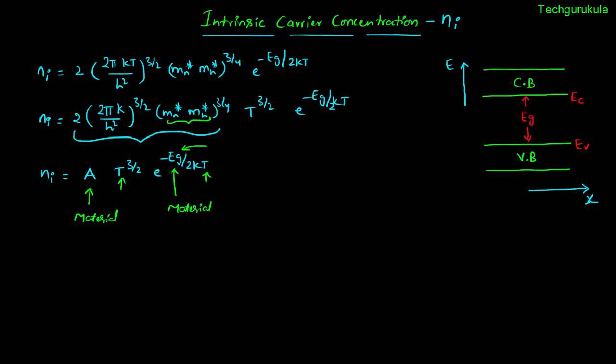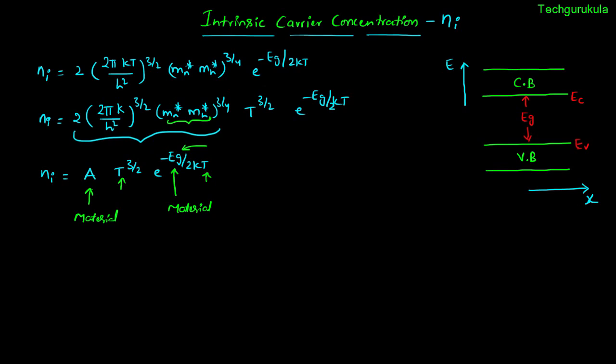Let's say for silicon, the Eg is 1.1 electron volt at room temperature, and for germanium, it was 0.66. So basically, Eg depends on the material, and of course, it depends on temperature as well. So we can say Ni is a strong function of the kind of material you're picking and the temperature as well.